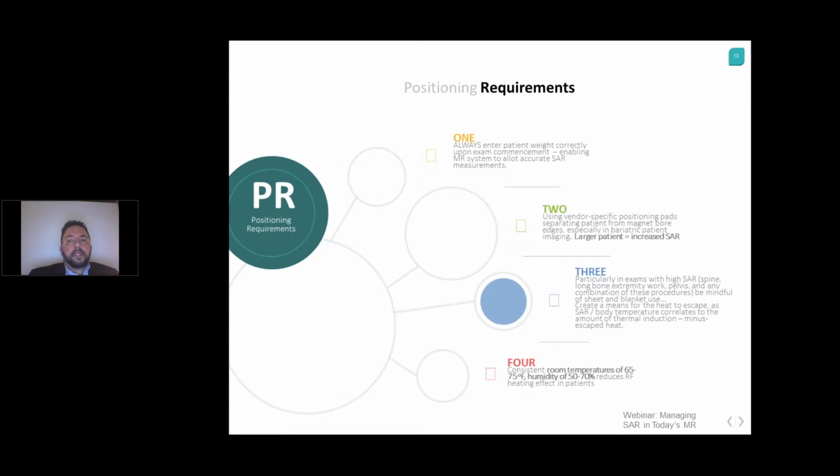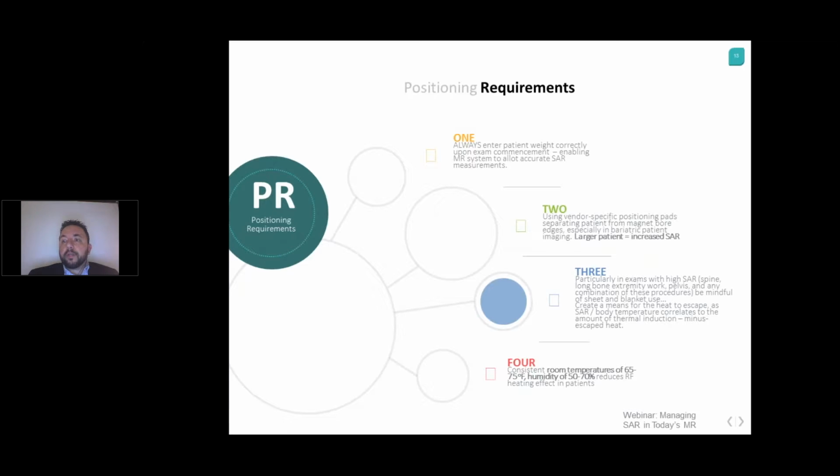Particularly in exams with high SAR, so spine exams, long bone extremity work with a lot of slices and a lot of fast-spin echo imaging, pelvic imaging, or any combination of these.